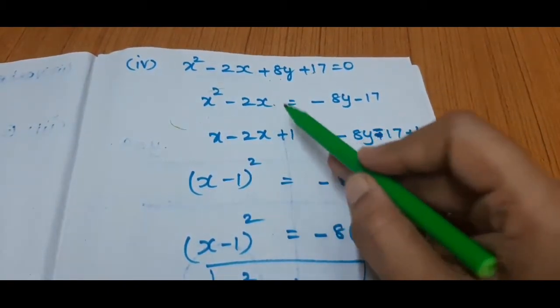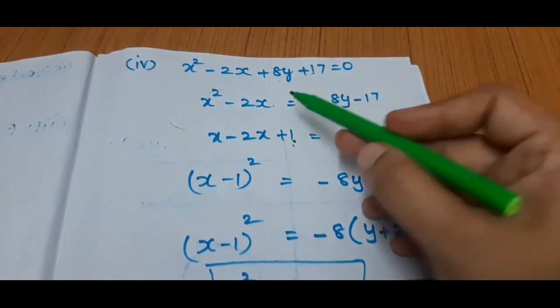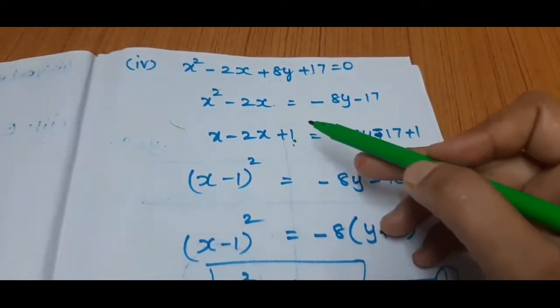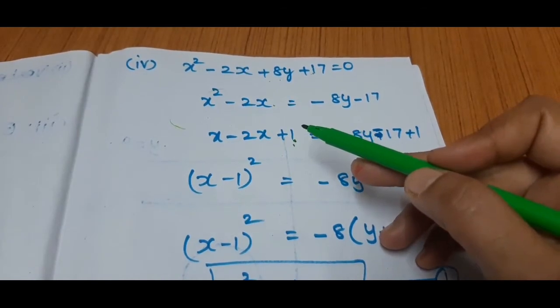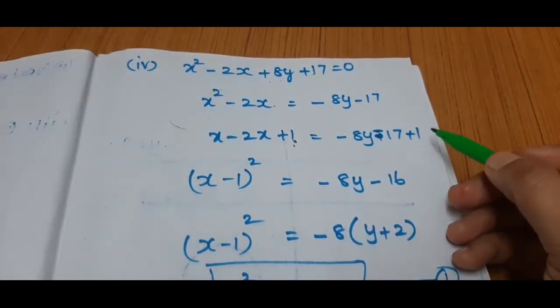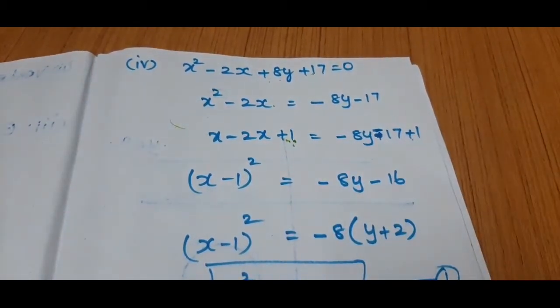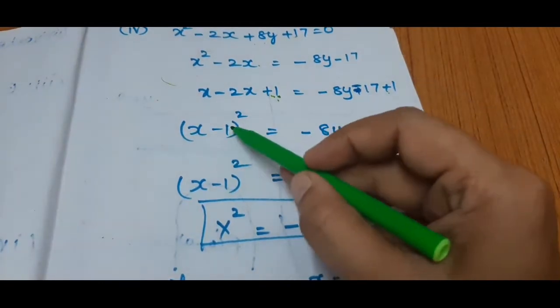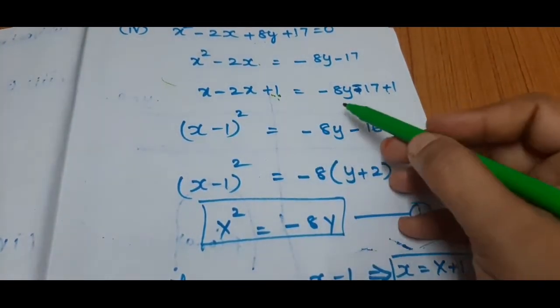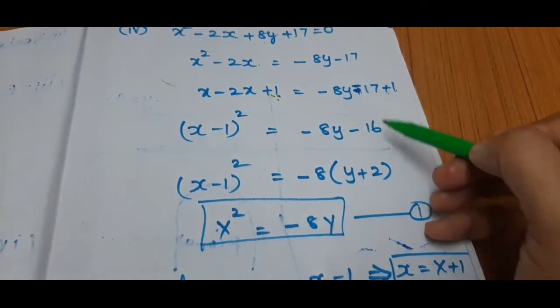If I add plus 1, this will become a perfect square. Adding plus 1 on the left hand side means you have to add plus 1 to the right hand side also. So this will become x minus 1 whole square is equal to minus 8y, minus 17 plus 1 is nothing but minus 16.